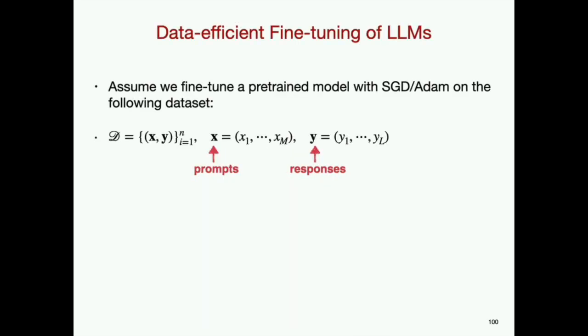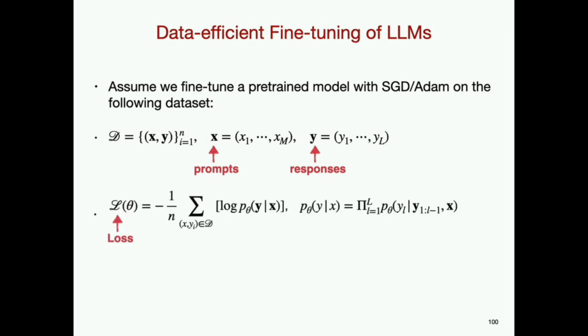So let's start by thinking a little bit about fine-tuning. Usually we have a pre-trained model, and we have a fine-tuning data set that consists of pairs of prompts and responses. For example, in supervised fine-tuning, we have questions and answers, and our loss is a log likelihood function: given a question, we want to predict the answer correctly.